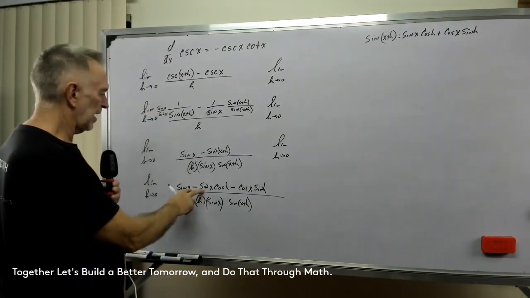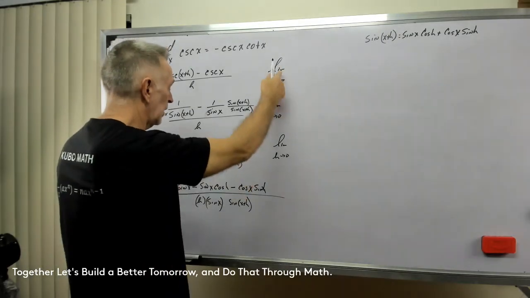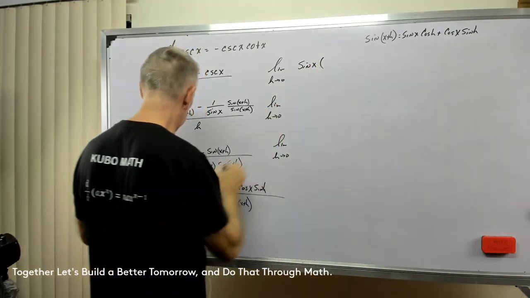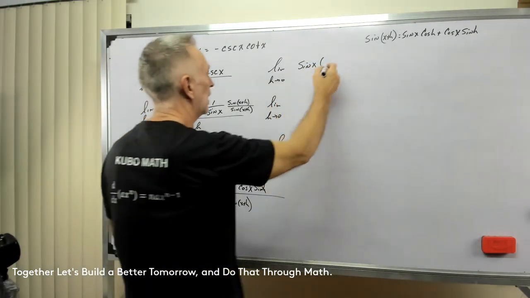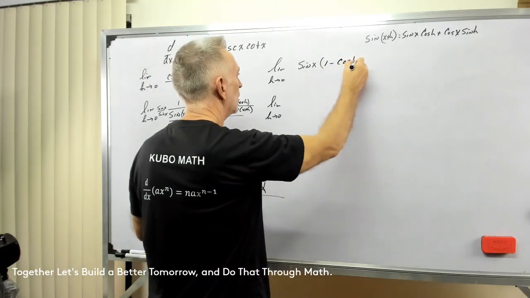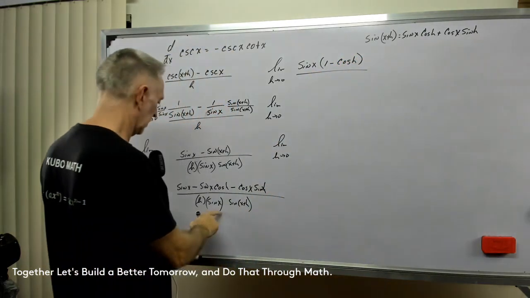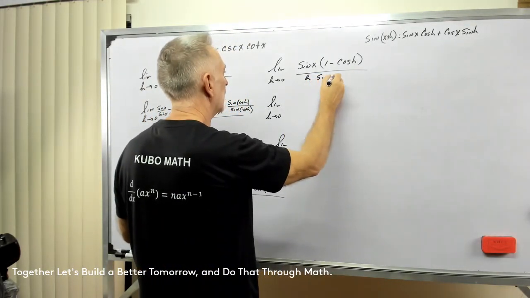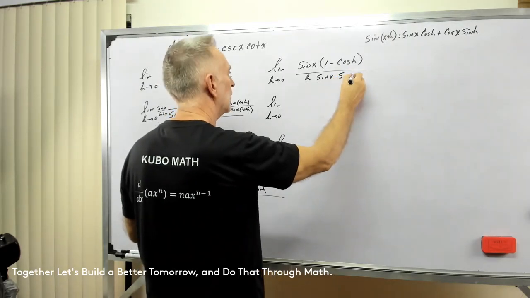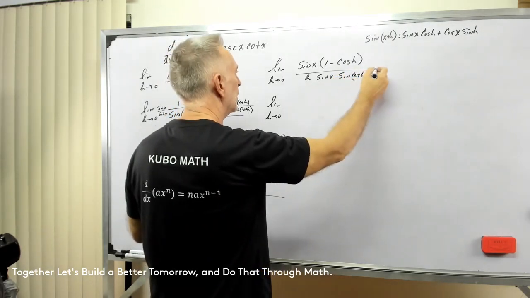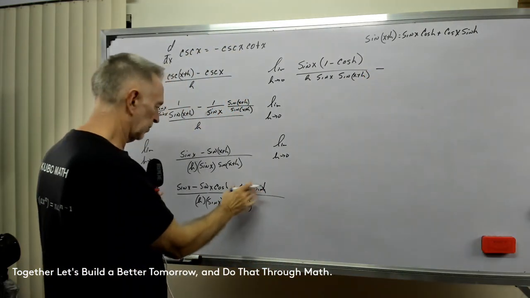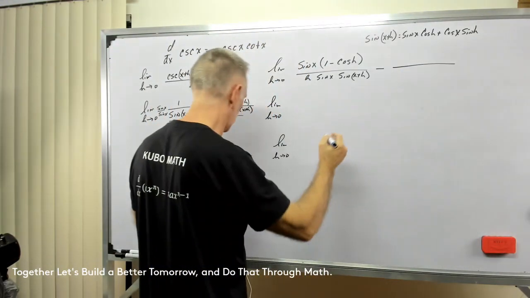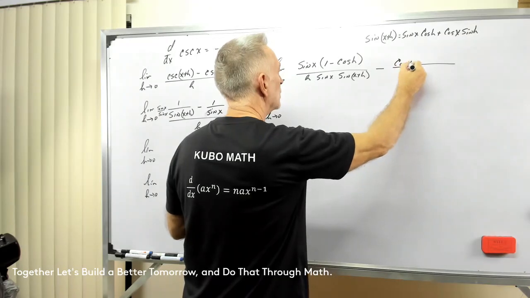Now we can factor out a sine x here. So we have the limit as h approaches 0 of sine x times 1 minus cosine h over all this stuff here, which is h sine x, sine x plus h, minus cosine x sine h.